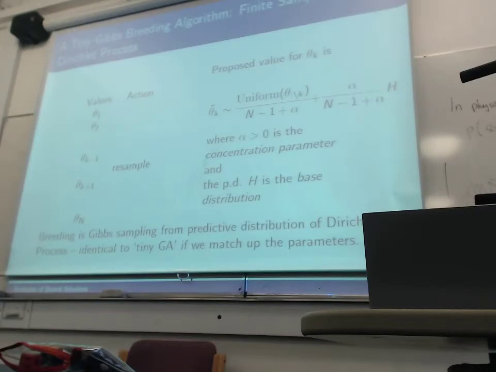The probability of picking H, where you can press the little button and get a new value, equals alpha over 2 plus alpha, because there are 2 balls in there which each count as 1, and alpha.